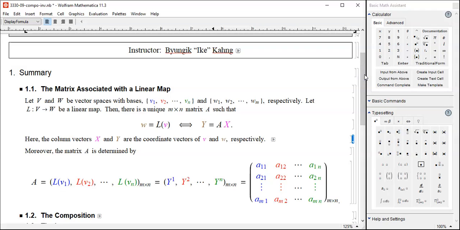Now we talked about x and y. Now let's talk about the matrix A. How do you get this matrix A? You get it by taking the basis vectors v1, v2, v3 all the way over to vn, and then taking their images and getting L of v1, L of v2 all the way over to L of vn. Now these image vectors belong to the target W, so they can be written as a linear combination of w1, w2 all the way over to wm.